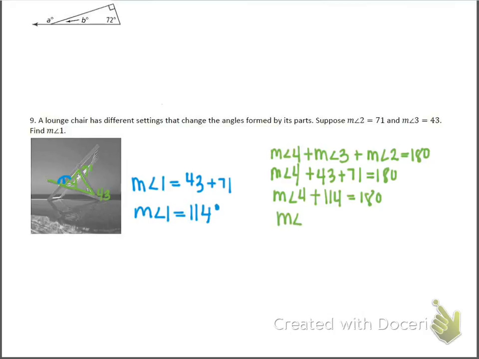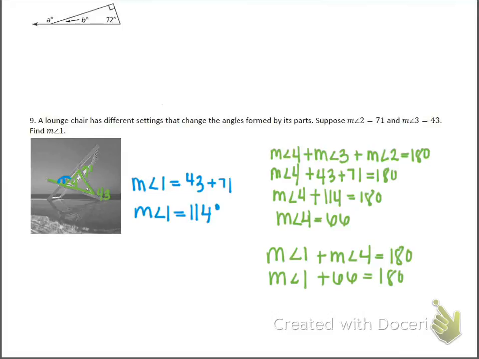So measure of angle 4 equals 66. Then he did measure of angle 1 plus measure of angle 4 equals 180. So measure of angle 1 plus 66 equals 180, so measure of angle 1 equals 114. Did he get to the same place?